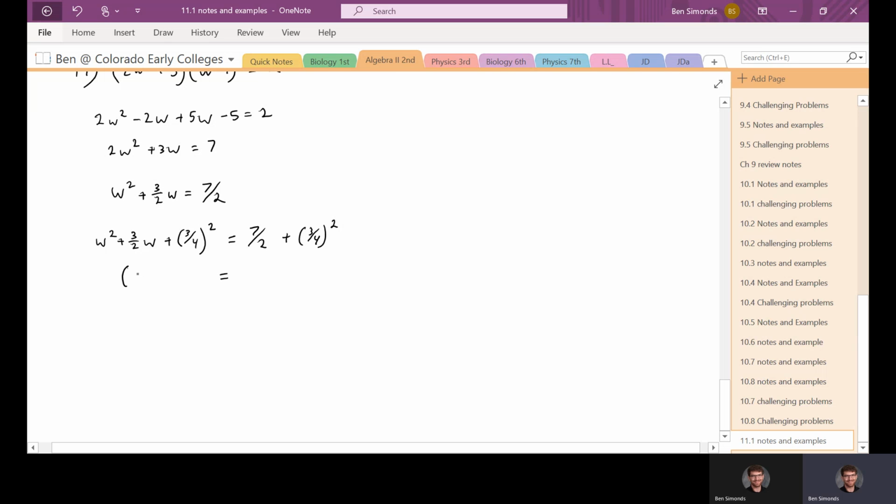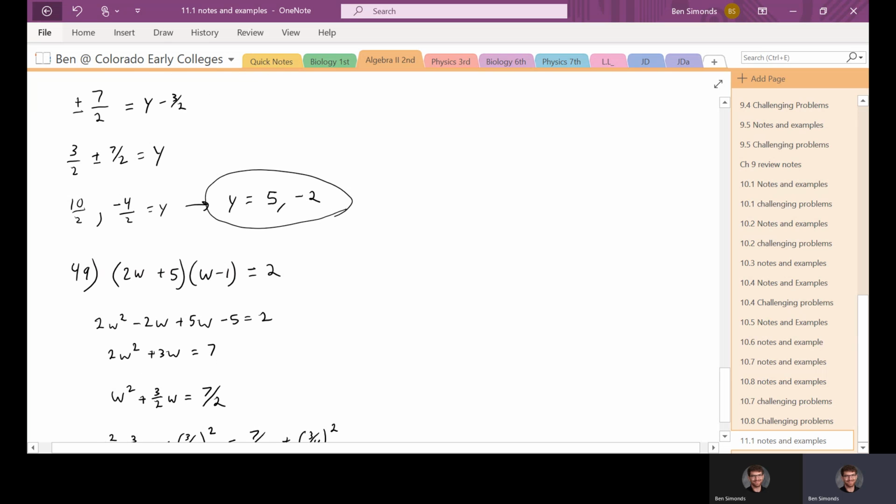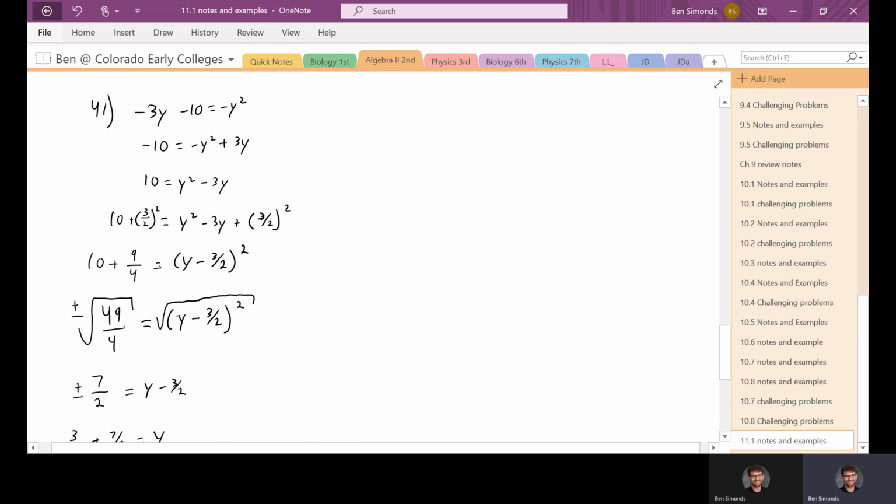So over here we know how the pattern works by now. We've got w plus 3/4 squared, right? Whatever the cut in half thing is, that's what goes in here. I think we've caught on to that pattern by now, right? Because up here we had 3 divided by 2 squared and 3 divided by 2.